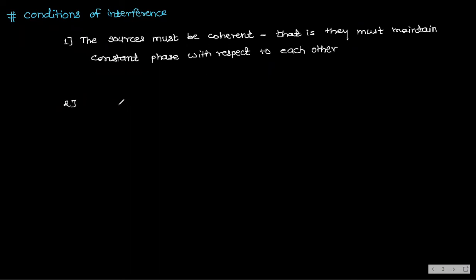Second condition, what is that? The source should be monochromatic. What is meant by monochromatic? Monochromatic means single wavelength light source. Single wavelength.